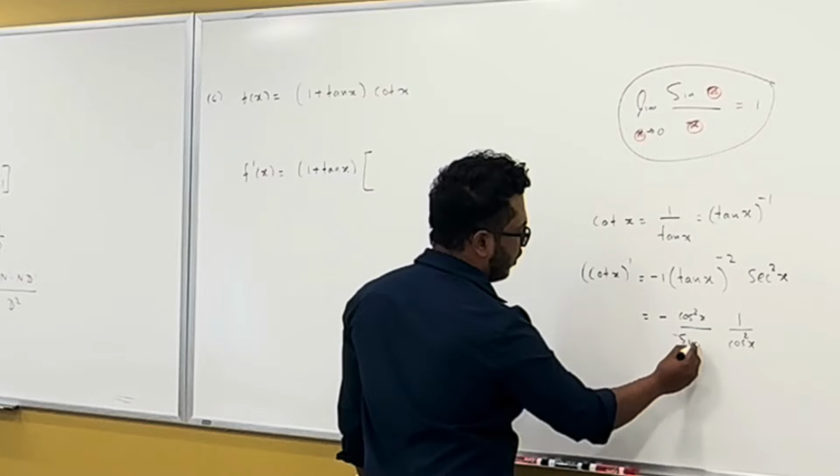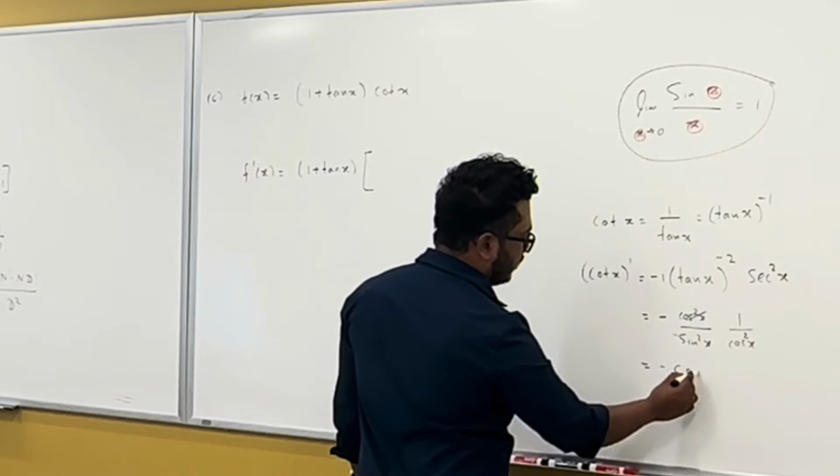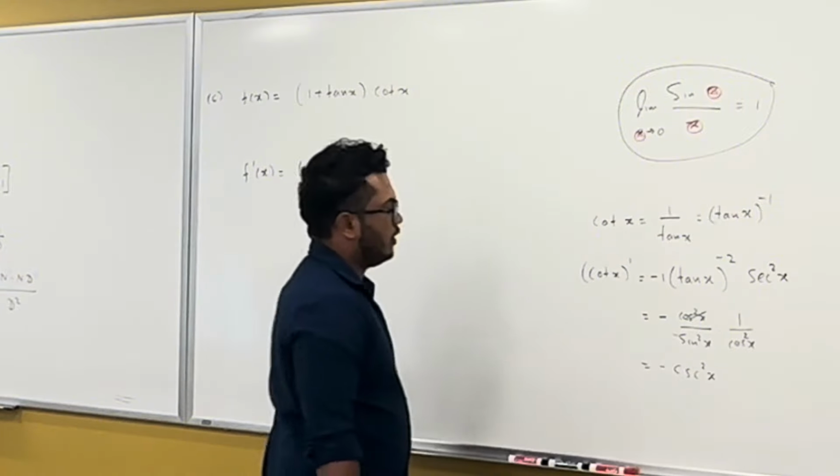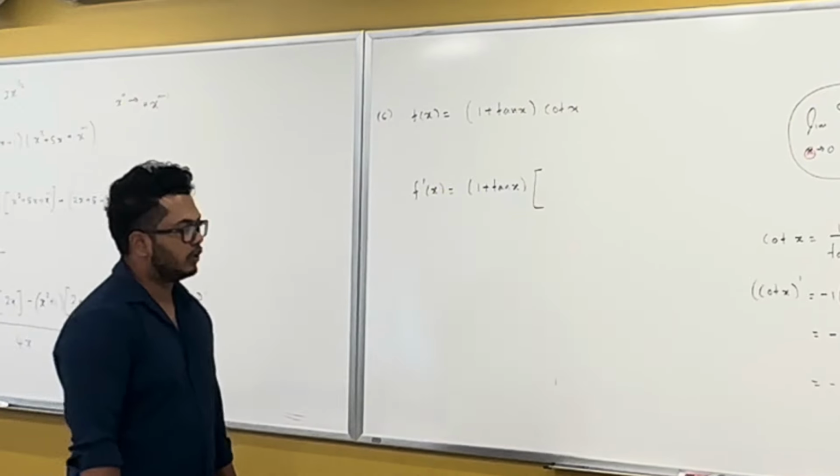So you can see it's minus cosecant squared x. Cotangent, if you take the derivative, it's minus cosecant squared x.